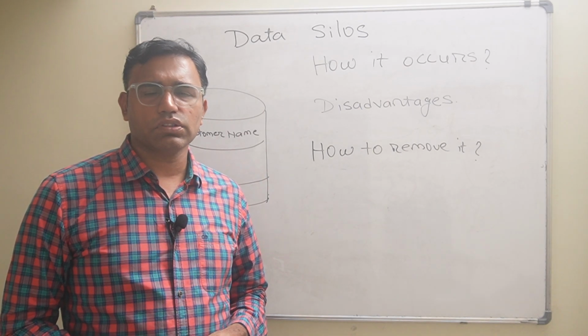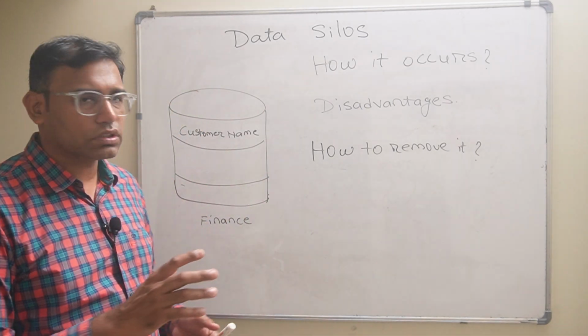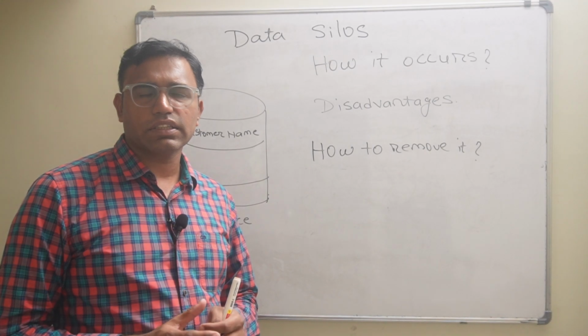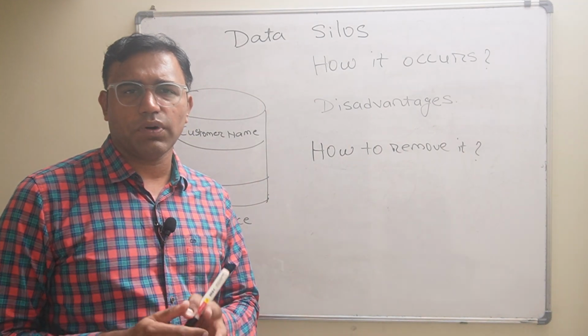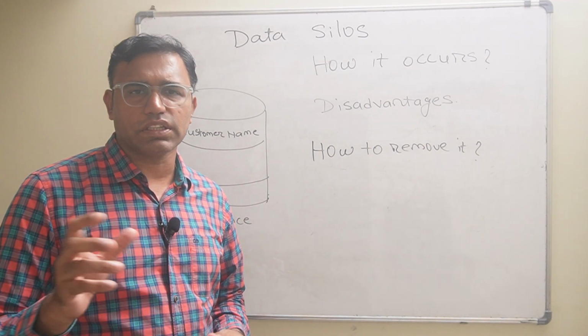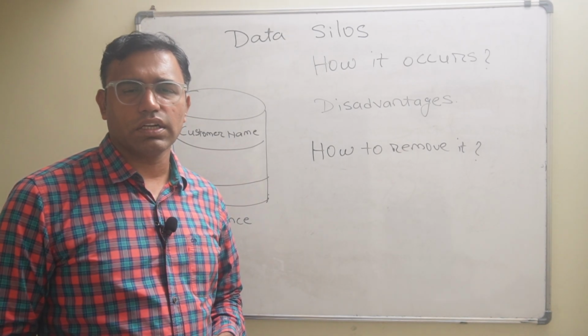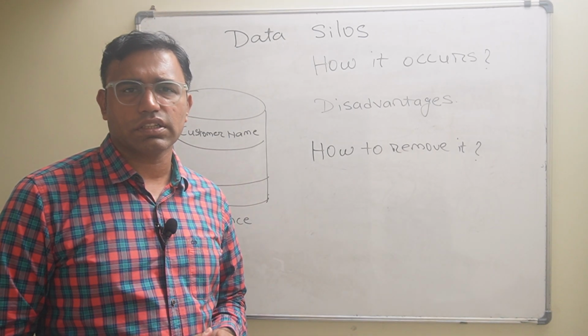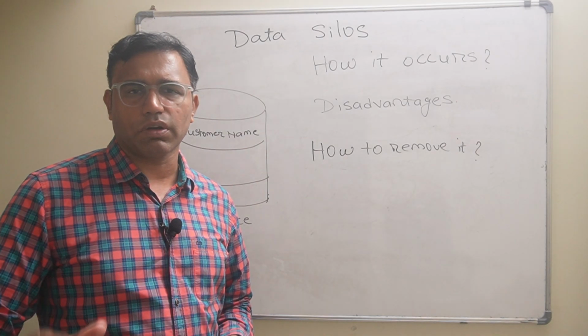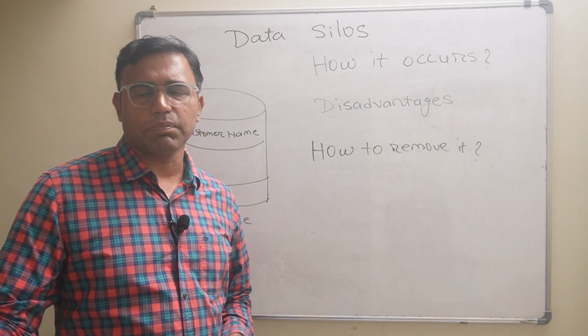So what are data silos? Whenever you keep the data in a decentralized format, data silos can occur. The data is present in the organization, but it is separated from the other departments.